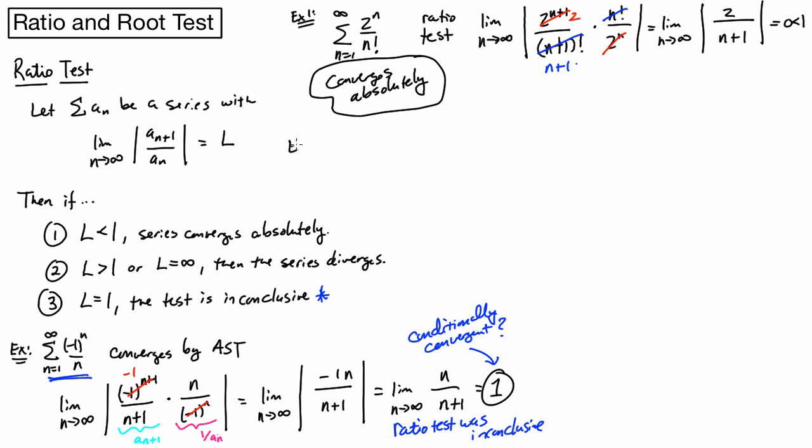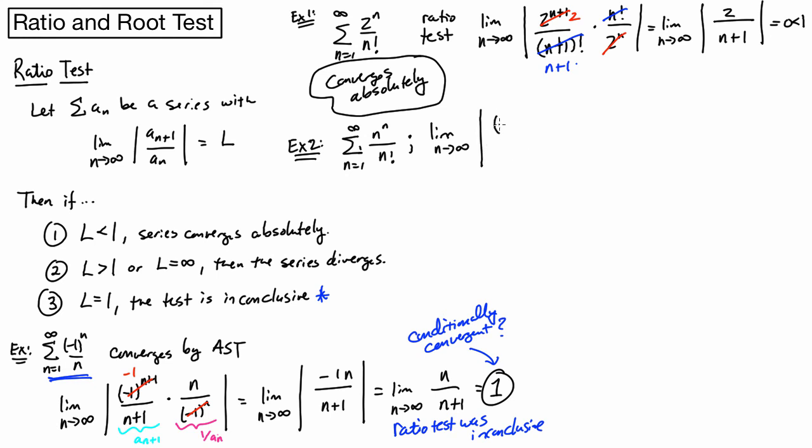All right, let's look at another slightly trickier example. So we'll call this example 2. We're going to look at the sum, n goes from 1 to infinity, of n to the nth power over n factorial. Now, if you apply the ratio test here, then I will be taking the limit as n goes to infinity of the ratio.